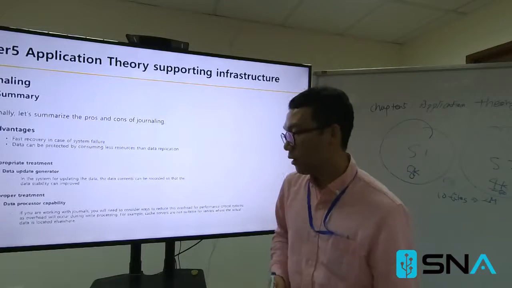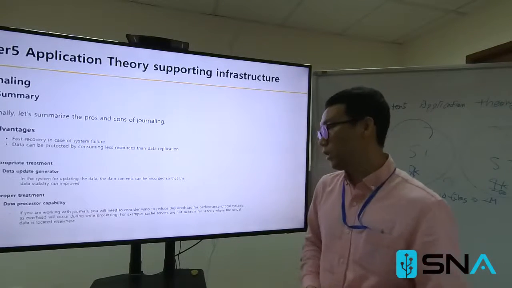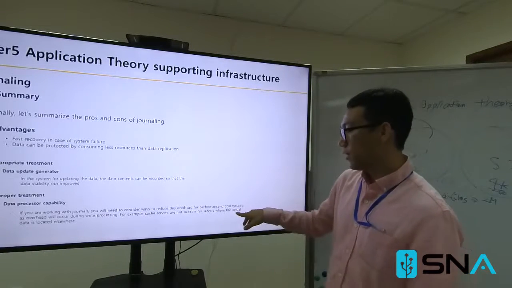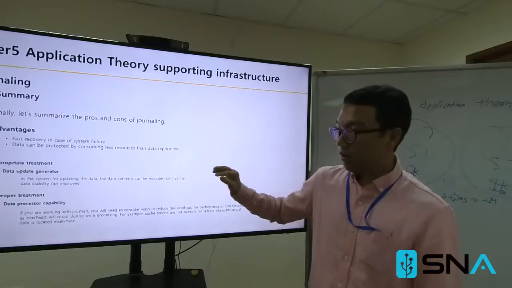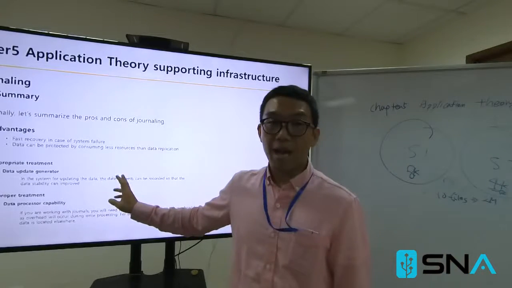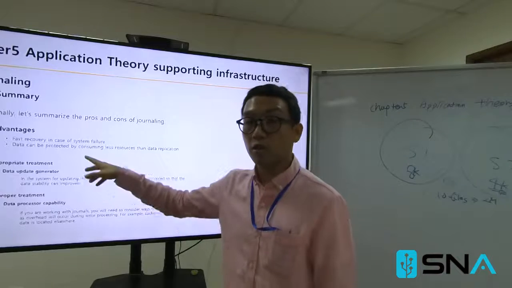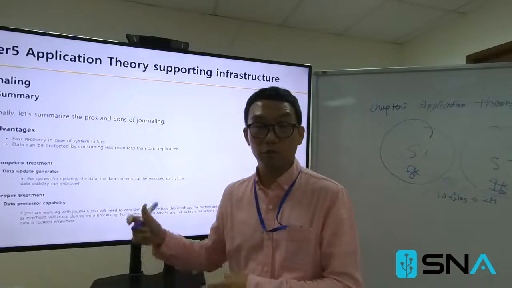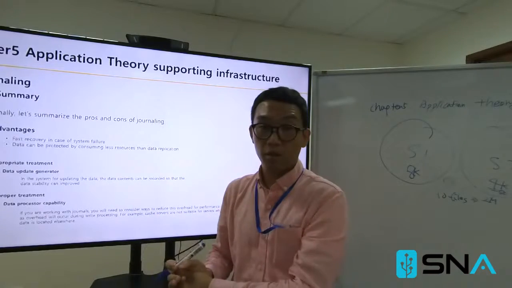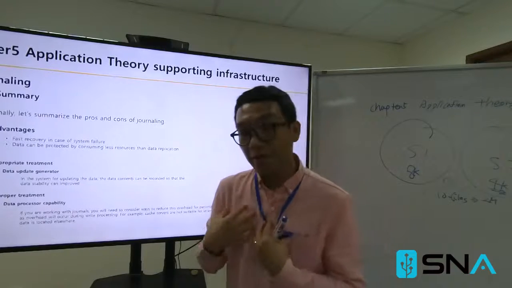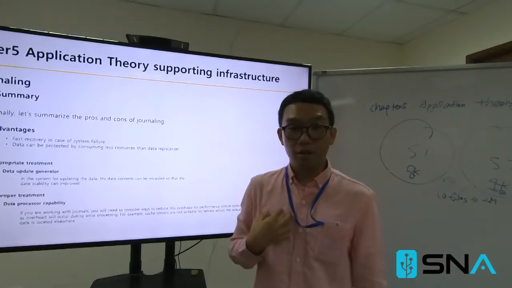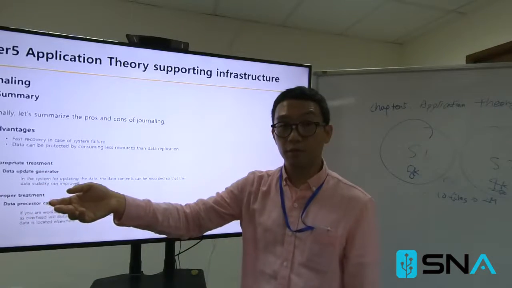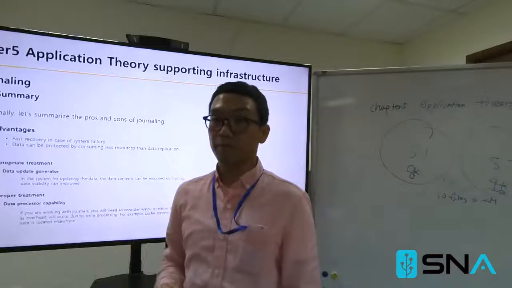The disadvantage is overhead. If you are working with journals, you will need to consider a way to reduce this overhead for performance-critical systems. Because this journaling system has a journal buffer, similar to a cache. When handling a file, the first step is changing the metadata, not the real data directly.